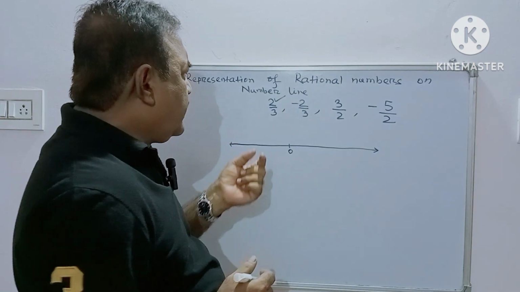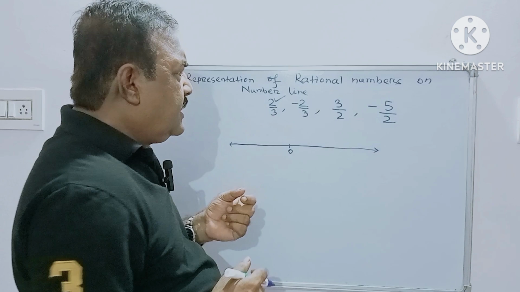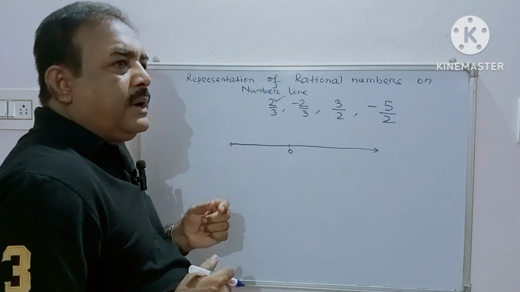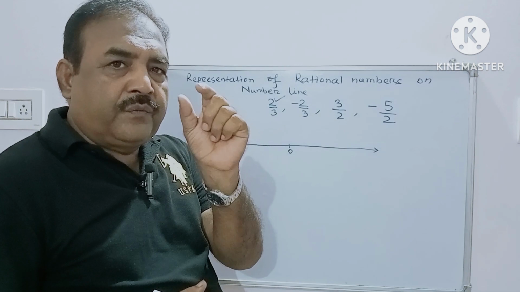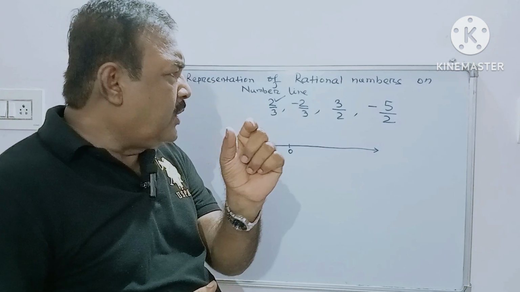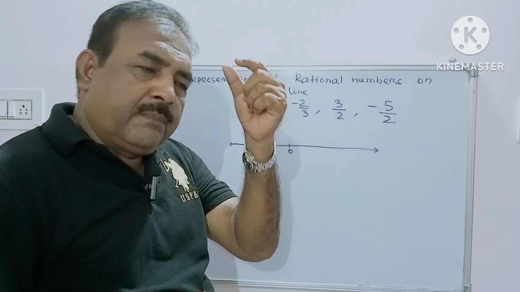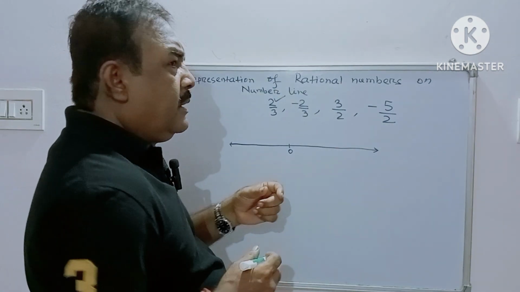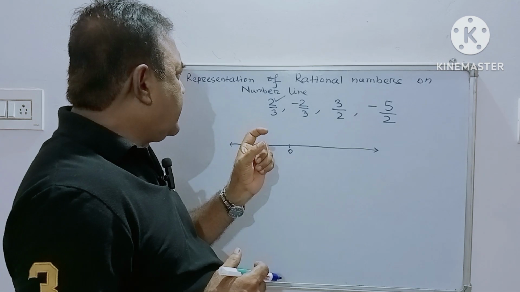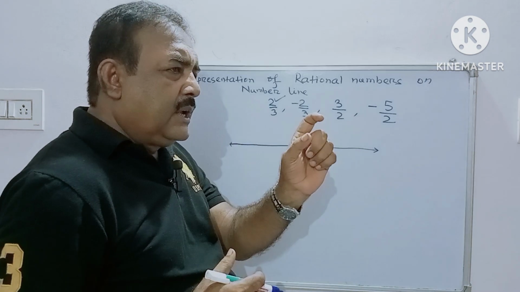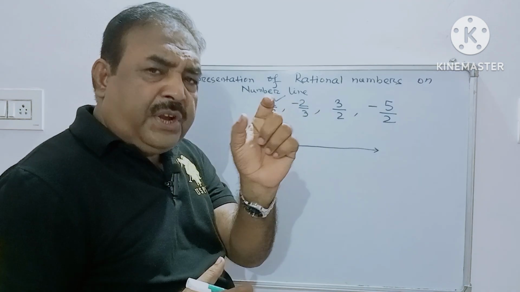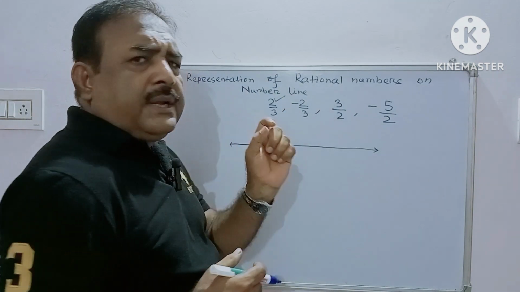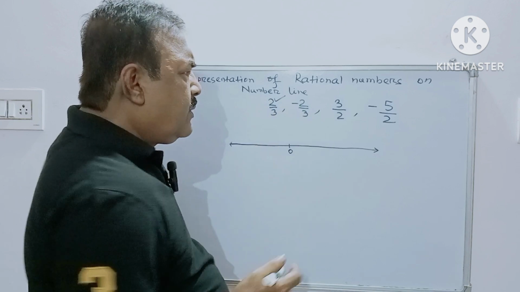So we will have to take 3 equal divisions. For each equal division we have to take a fixed length. You will have to take it on your own from the measurement of your ruler. And suppose you decide, when you are dividing one length into 3 equal parts, each equal part is 1 upon 3, yes or no?